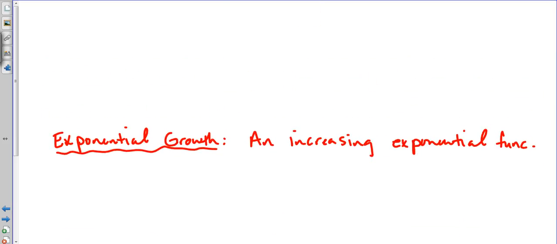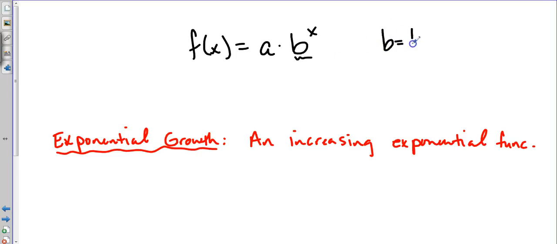A general exponential function is going to look like f of x or y is equal to maybe some number times the base b, and that's the thing that's being raised to the power. Okay, so the b is the base. It's the thing being raised to the power.